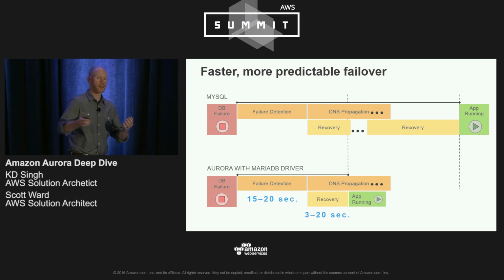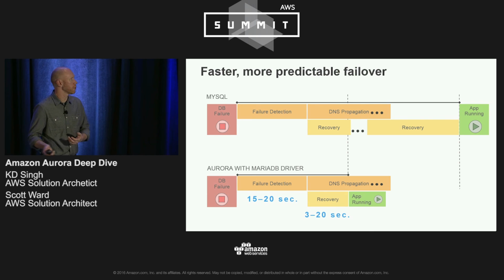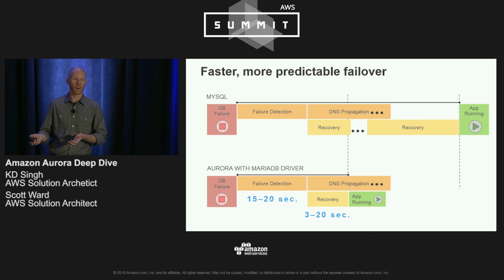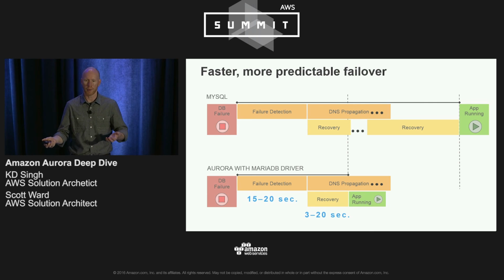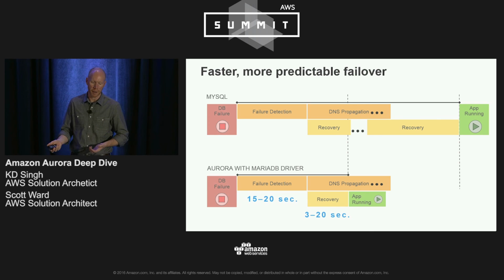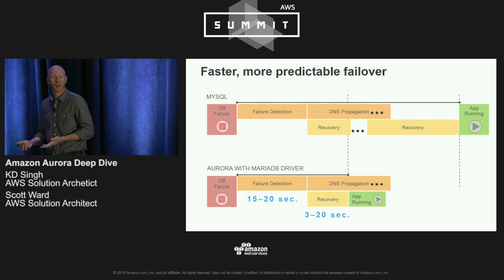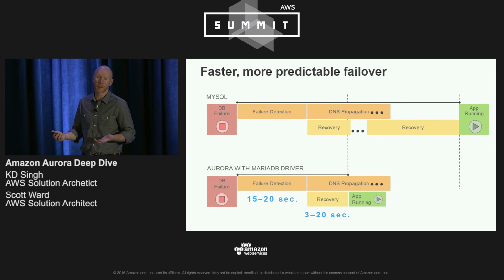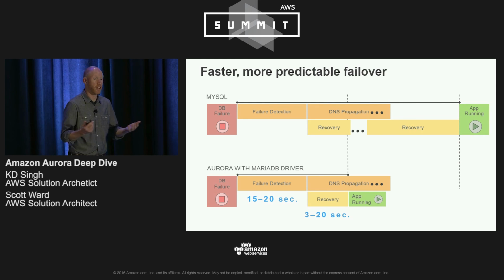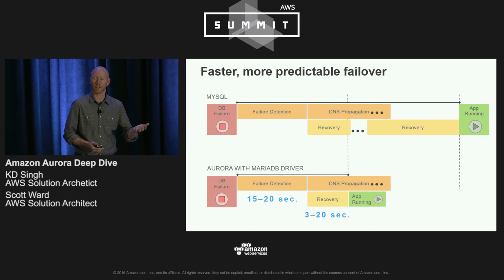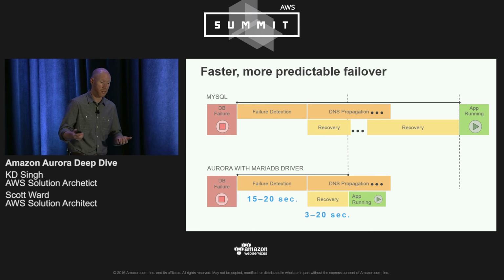That failover process is going to be moving over to a standby database that you have running, hopefully in a multi-availability zone setup, and then failing over to that standby database. That recovery period is going to be a little bit variable depending on how much data needs to be replayed from the log files and how much data needs to be caught up between when the master went down and what the standby has.